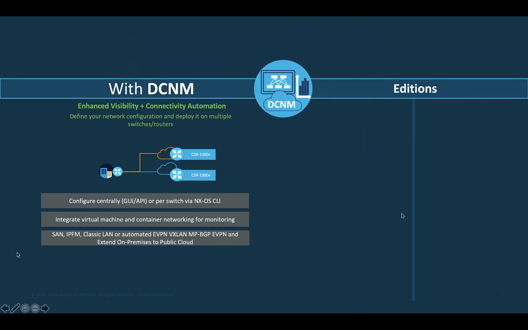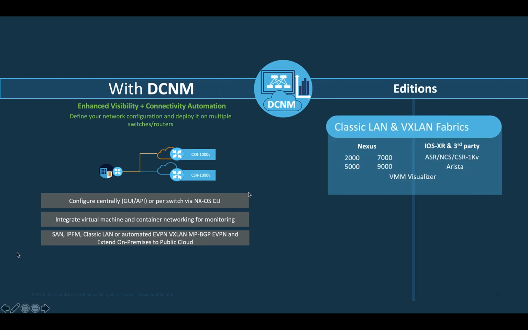Let's focus on DCNM. DCNM encompasses a comprehensive management solution spanning from the network deployment to the storage network. For the management of the LAN, DCNM supports all Nexus series deployed in a standalone mode using NXOS, and it supports as well the IOS XR-based platforms and some third-party devices. It includes also the visualization for the bare metals, for the virtual machines, containers, and OpenStack.